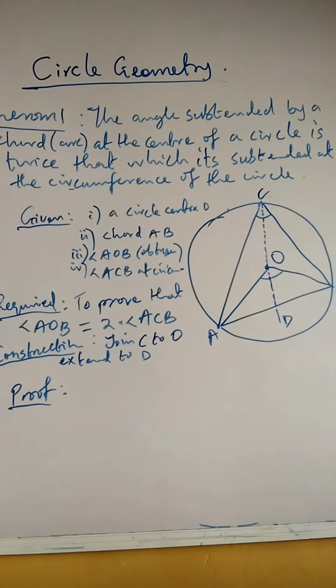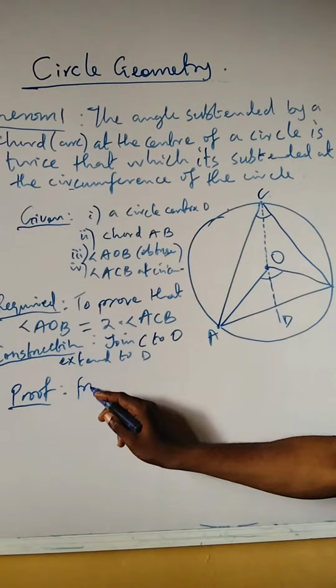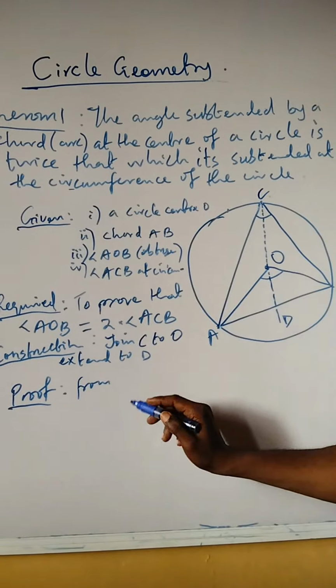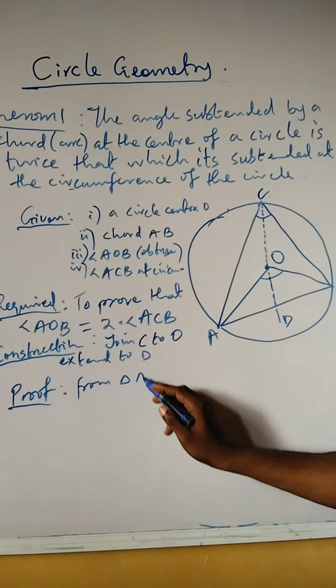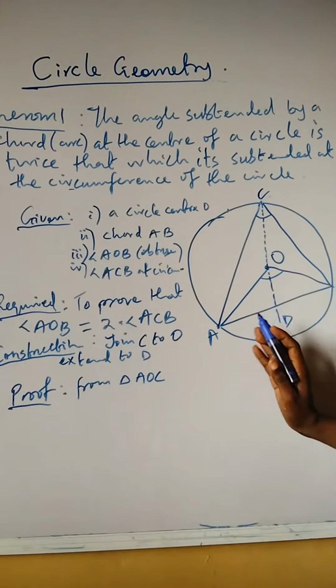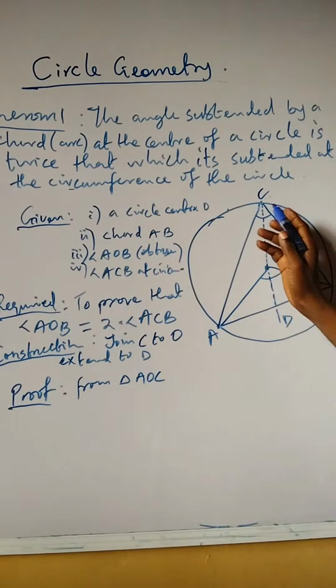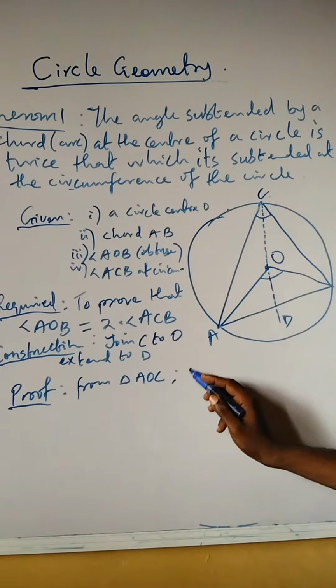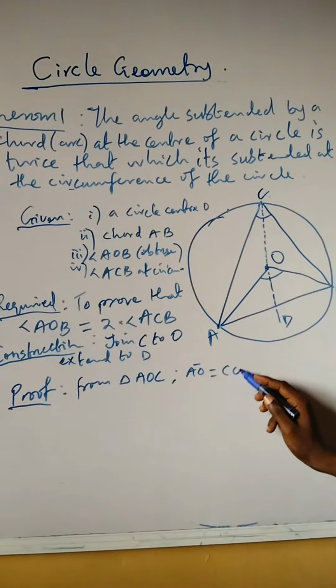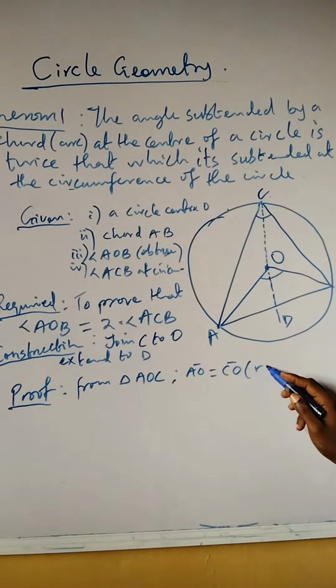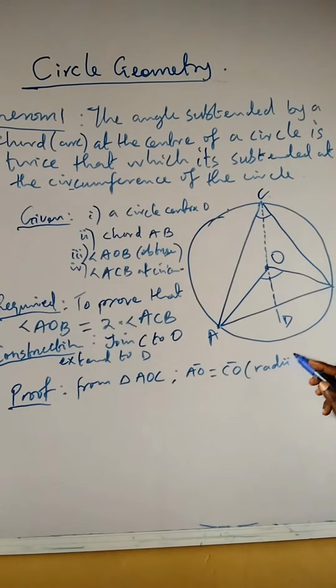And considering triangle AOC, looking at this side, we discover that line AO will be the same thing as line CO. Why are they the same thing? Because both are radii of the semicircle.